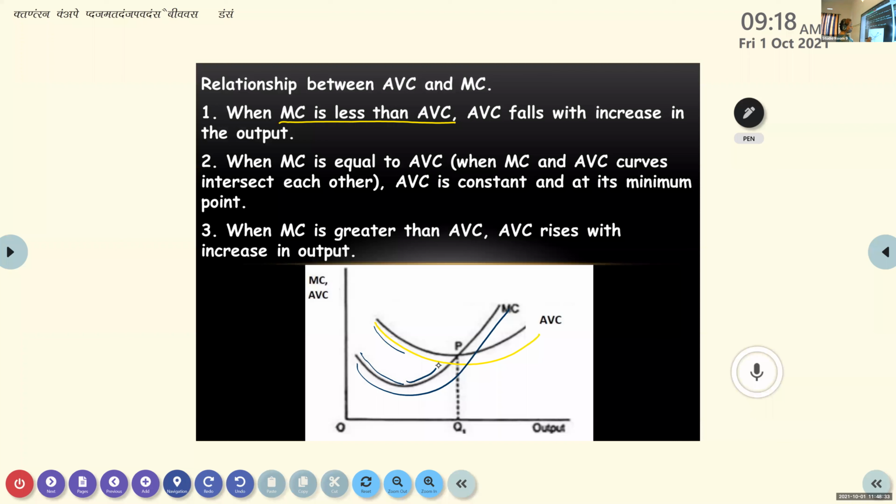That time also AVC is falling, and it will be falling till the point where these two meet each other. That is this point. So AVC will be falling till the point where MC and AVC meet, or intersect each other. Till that point, AVC falls. So that is what this second point represents.